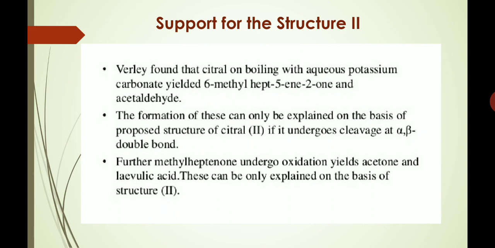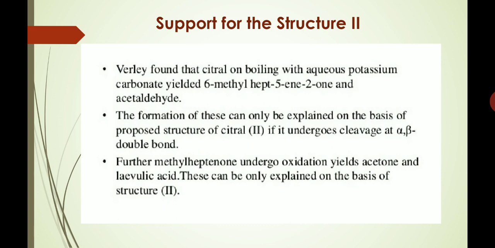Wolley found that citral on boiling with aqueous potassium carbonate yields 6-methylhept-5-en-2-one and acetaldehyde. The formation of these can only be explained on the basis of the proposed structure of citral as second, if it undergoes cleavage at the alpha beta double bond.